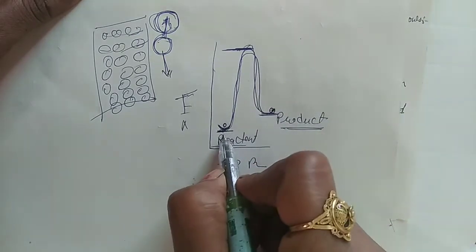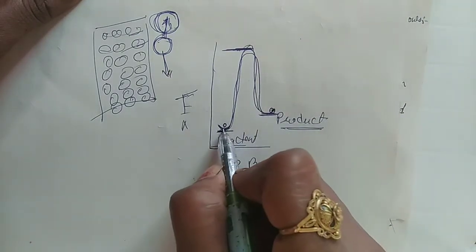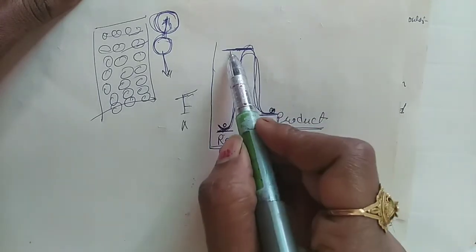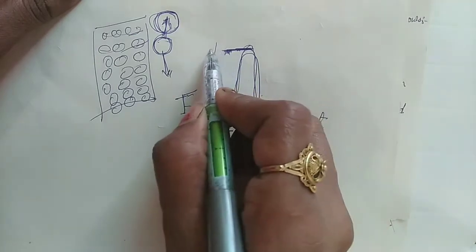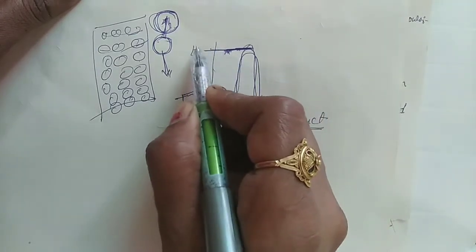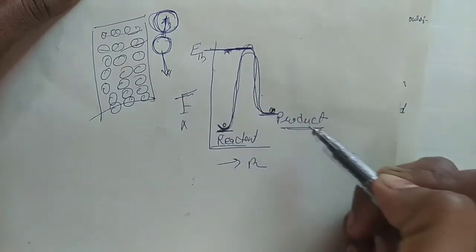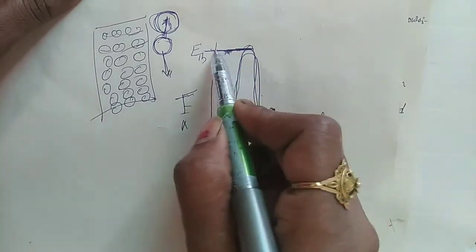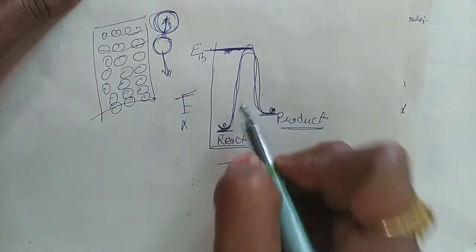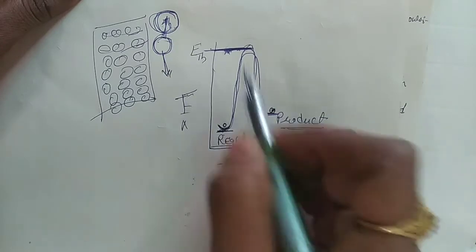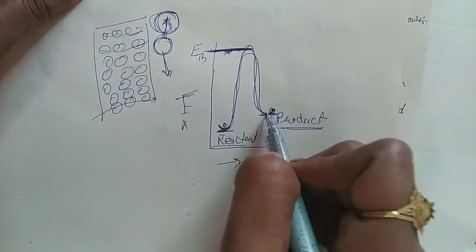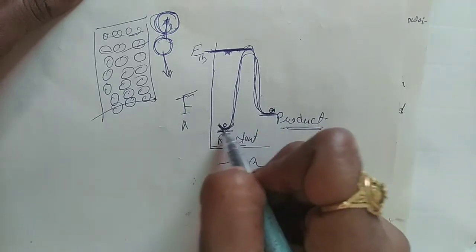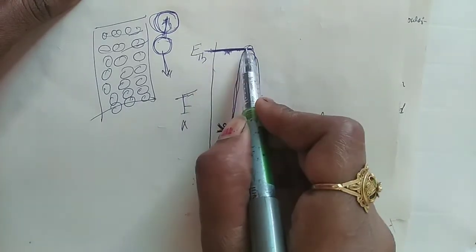So to convert into product, the reactant molecule must have this energy level. This minimum energy level is known as E threshold, meaning threshold energy. This is compulsory. Active molecules are the molecules which have at least this energy level and can convert into product.